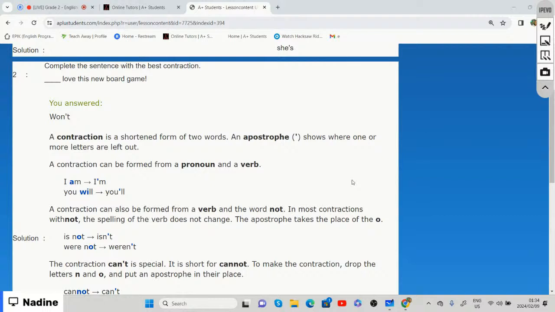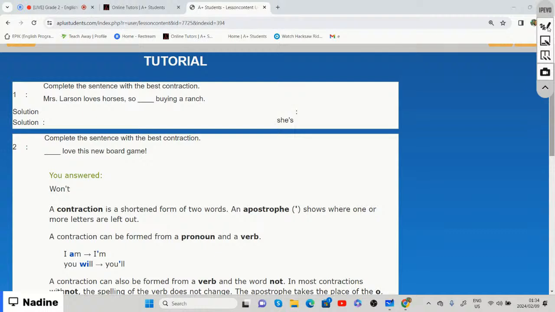So the verb is not going to change. The only word that is going to change is where we leave out the O in not, and then we continue shortening the two words to become one. Right? All right, now let's go to our test.